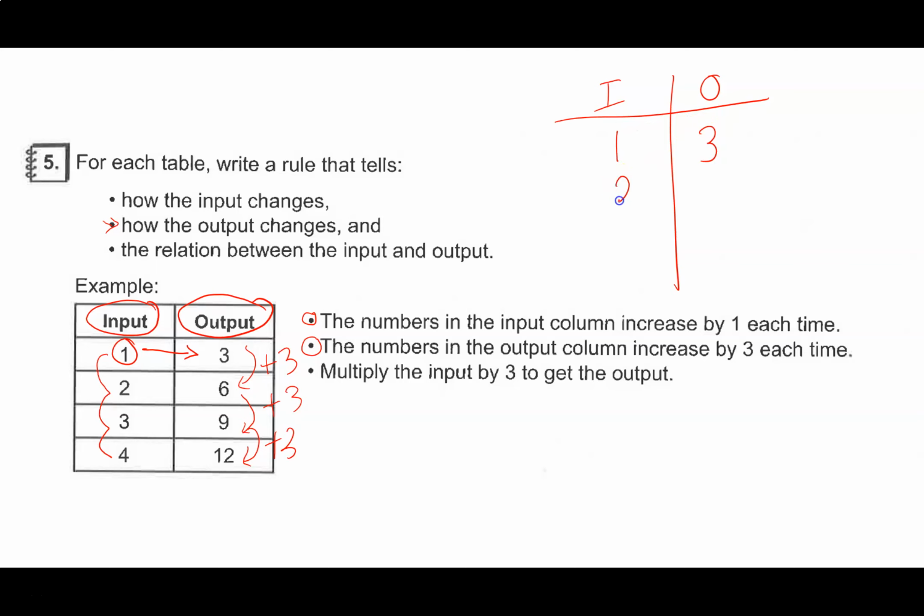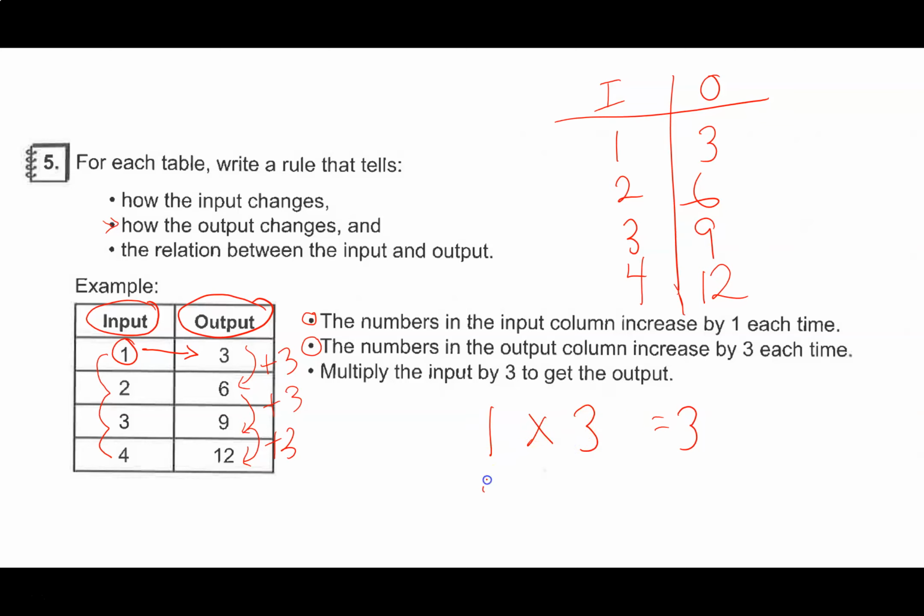So to go from 1 to 3, we could add 2. 1 plus 2 is 3. However, it must work for each input. So 2 plus 2 does not equal 6. What else can we do to go from 1 to 3? Well, we can also multiply by 3. 1 times 3 equals 3.